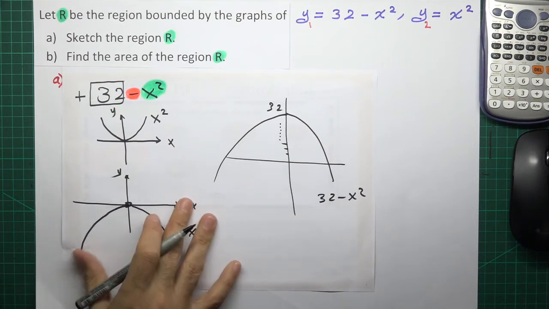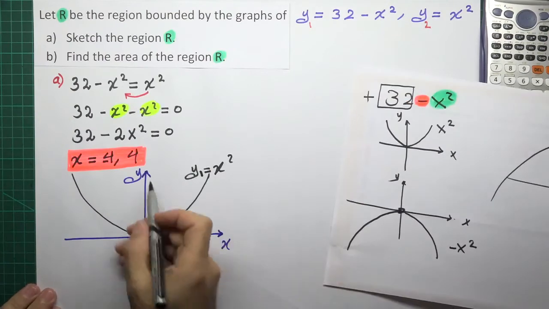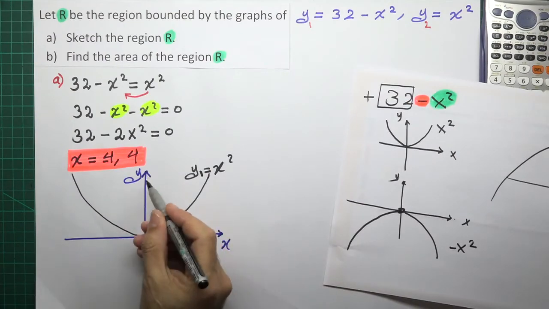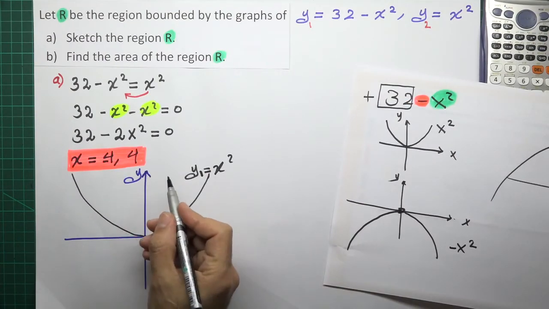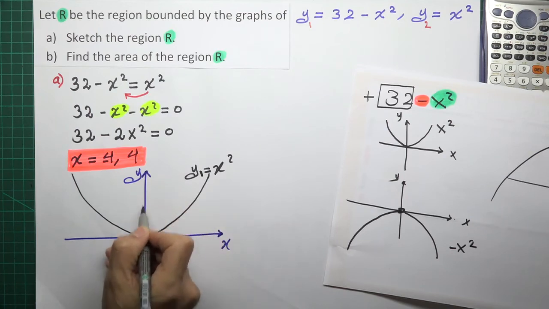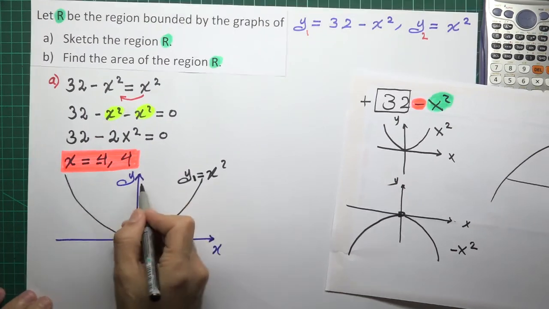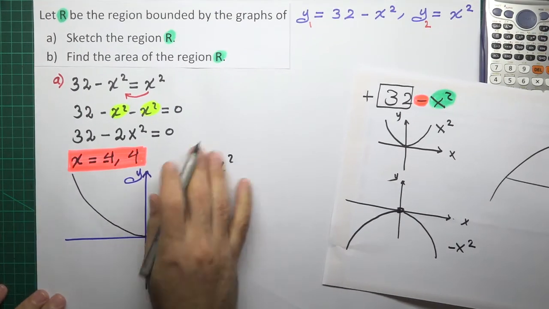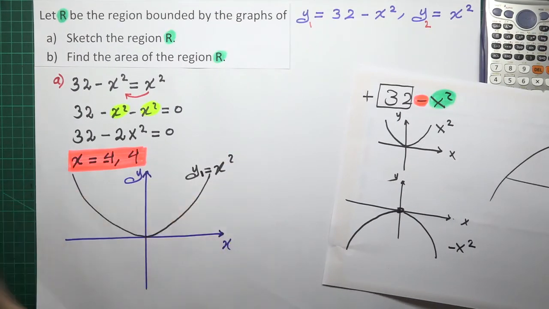Okay, so I will copy this here. In reality, when we draw, we don't really care if 32 is here or here, it's up to you. It does not affect. So I will make it like this. I might use another color, red maybe.